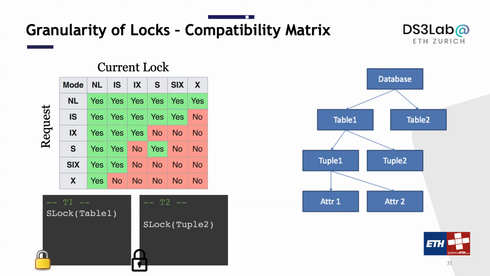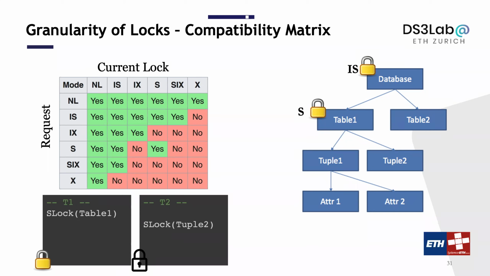Now let's look at another example. Assume T1 wants a share lock on table 1, and T2 wants a share lock on tuple 2. What would happen? Again, T1 gets an intention share lock on the database, assuming that succeeds, and then it gets a share lock on table 1.